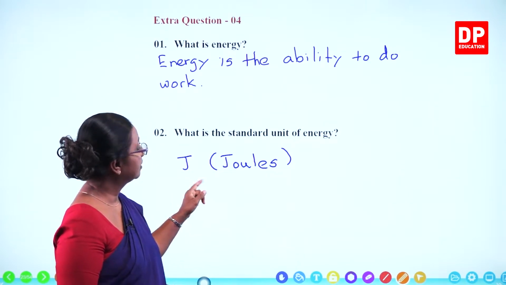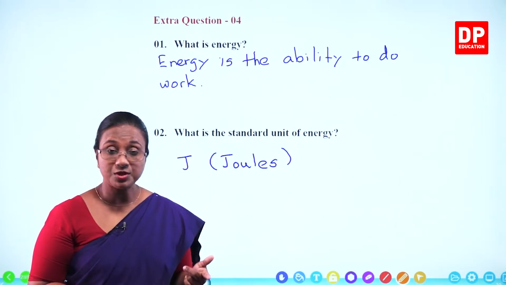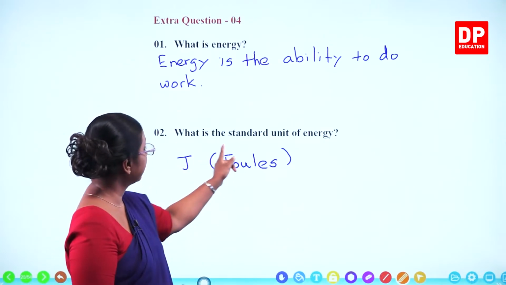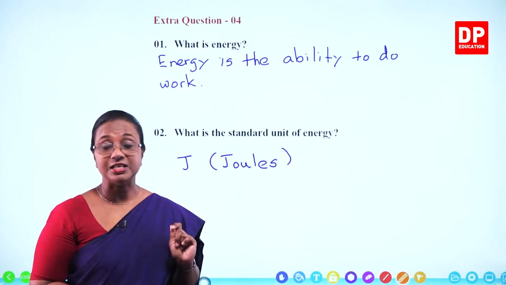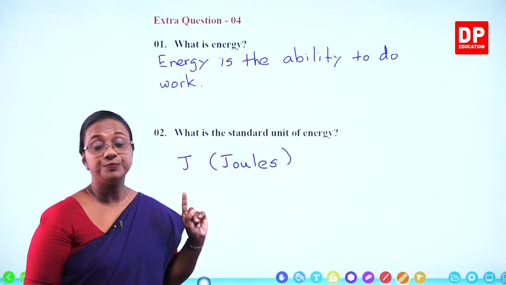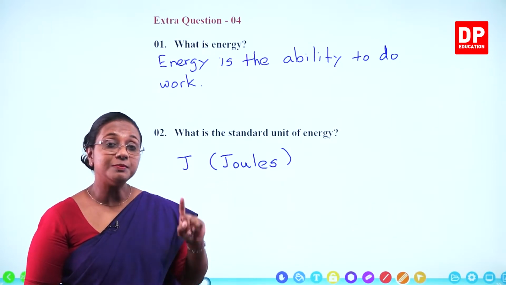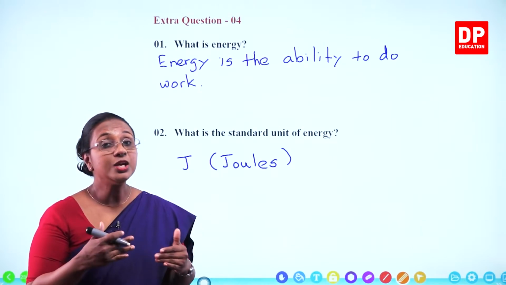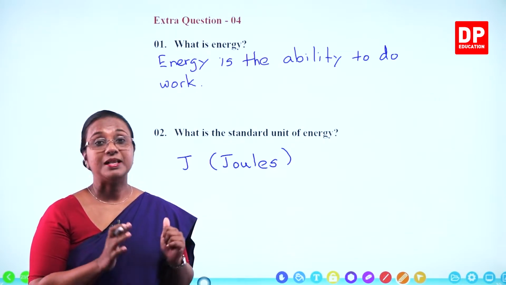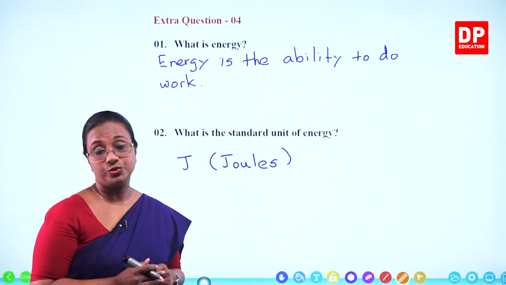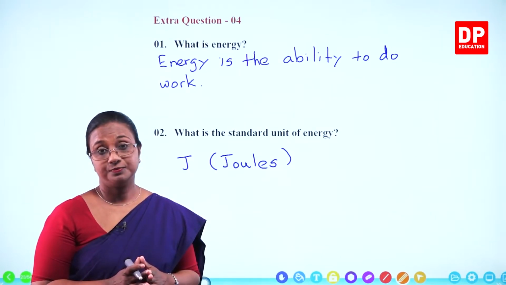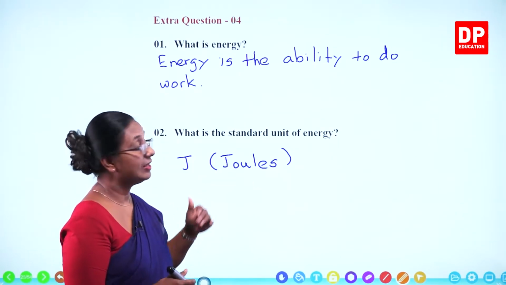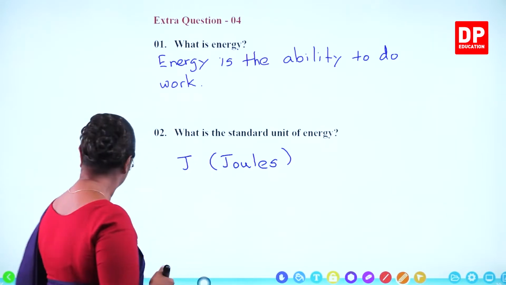Work, types of energy, everything has the same standard unit, that is joules. But we saw before, work done, Newton meter equals joules. So those are equal units, but the standard unit is joules. Is that clear to you all? So then we'll move on to the next slide.